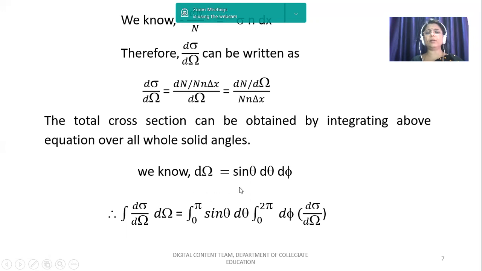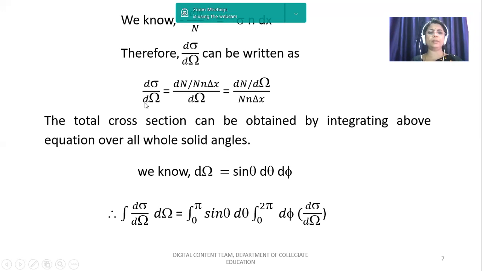The entire solid angle, if you consider d omega, can be represented in terms of spherical coordinates as sine theta d theta d phi. Substitute for d omega and integrate between the limits so that you will obtain the total cross section available for interaction.